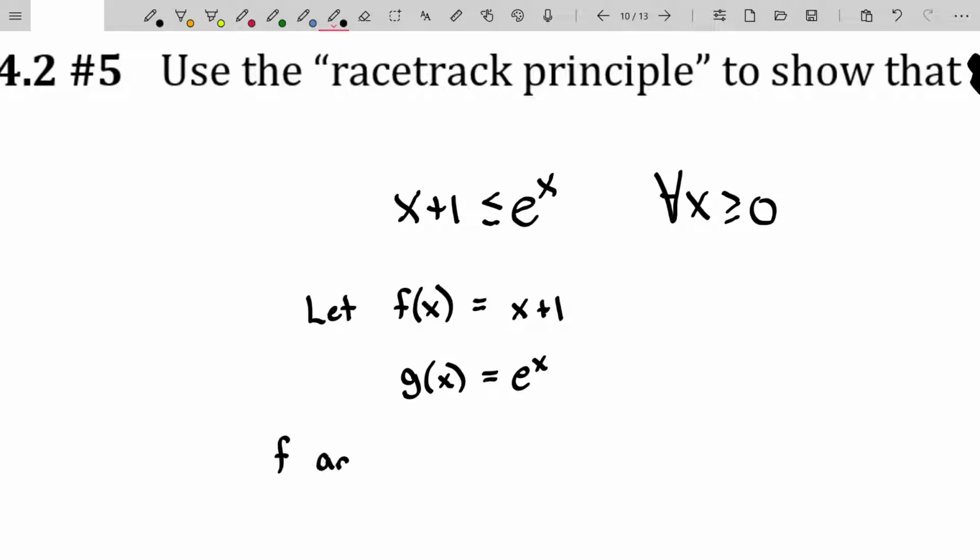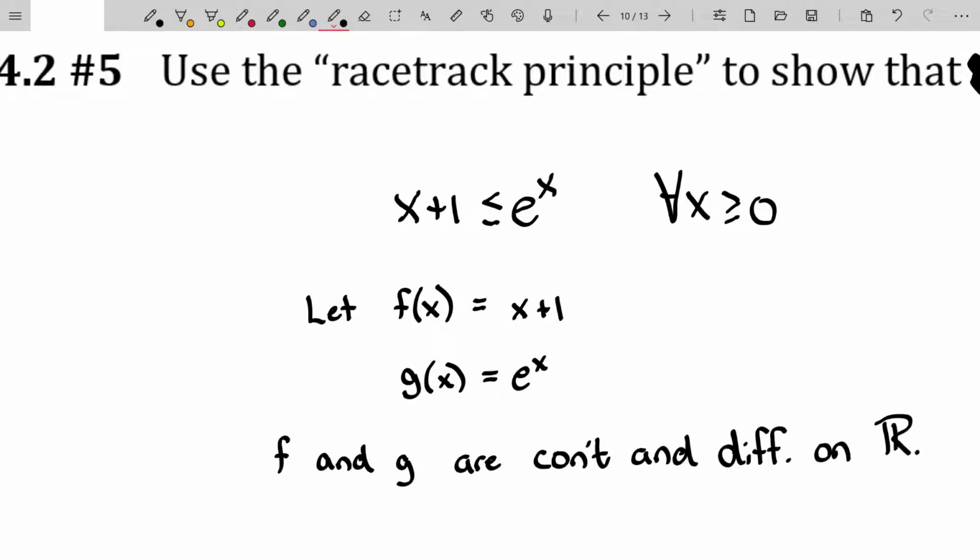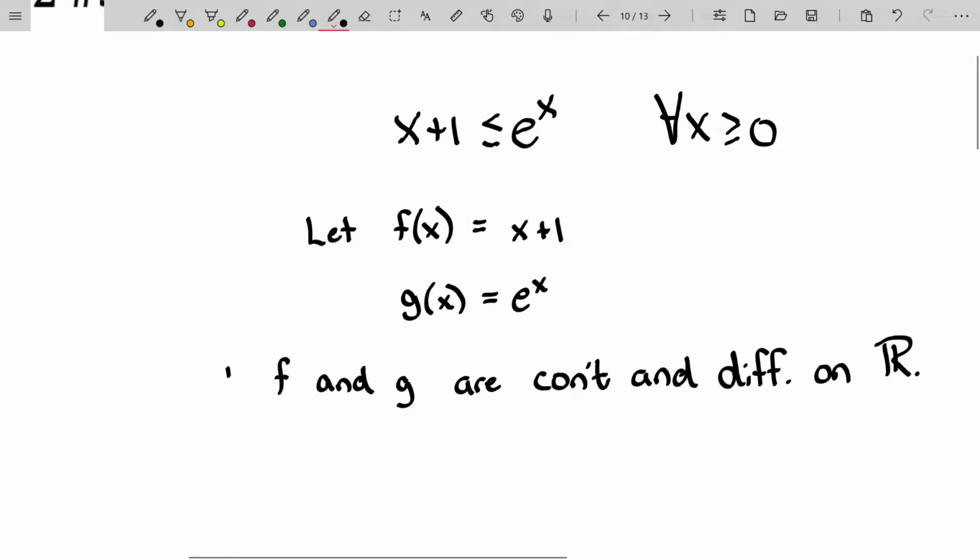Well, f and g are continuous and differentiable on the real numbers. So I'm just going to write it this way: continuous and differentiable on the real number system. That's the first condition to start using the racetrack principle, that they are continuous and differentiable, because you're actually using the mean value theorem in here.